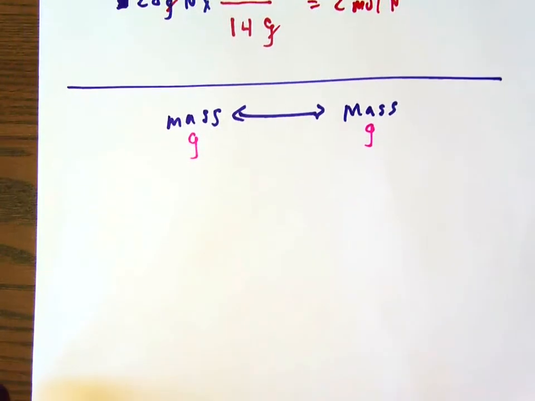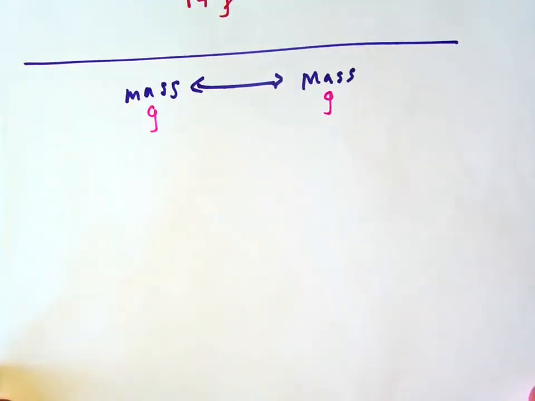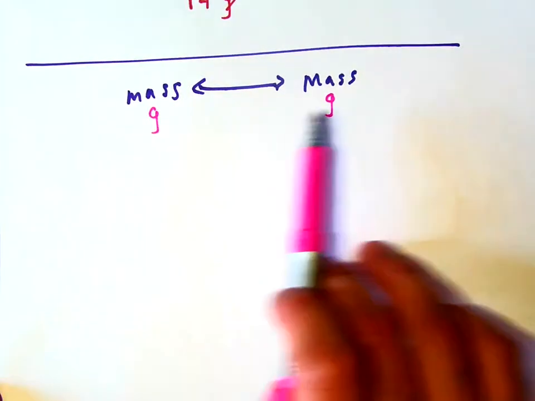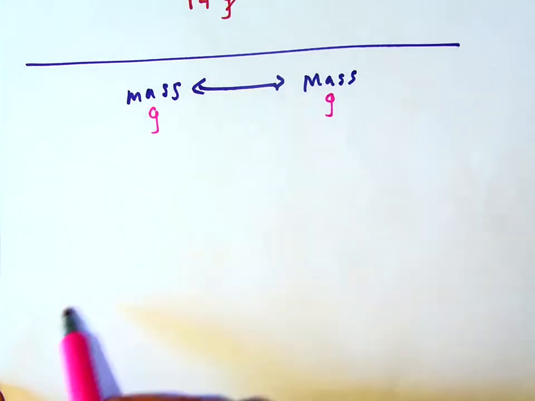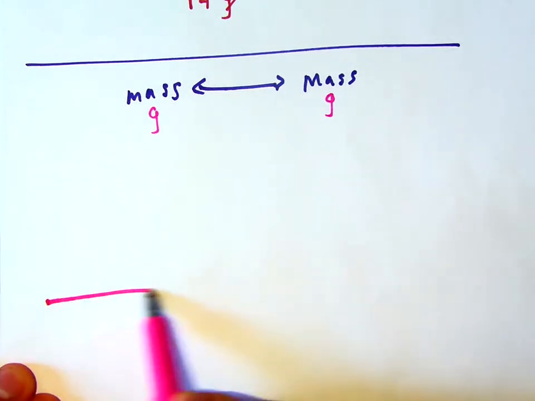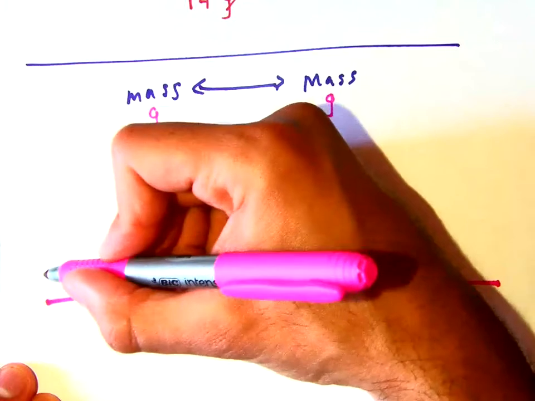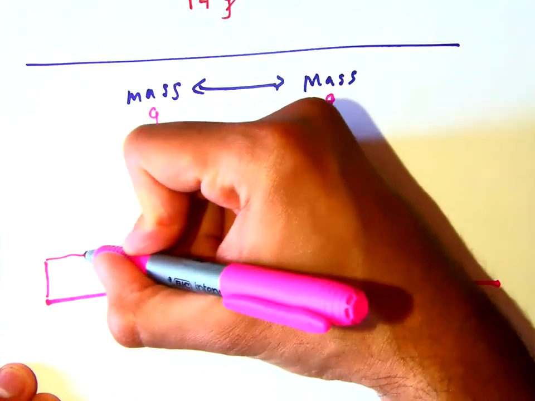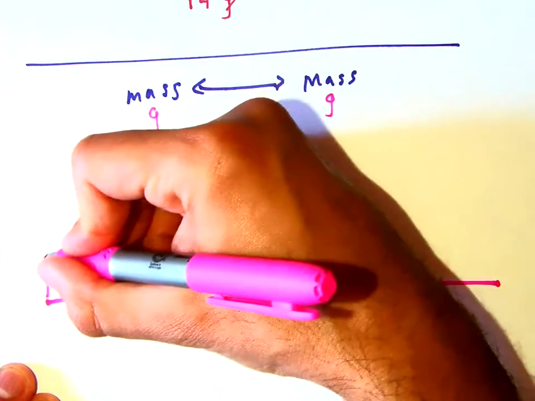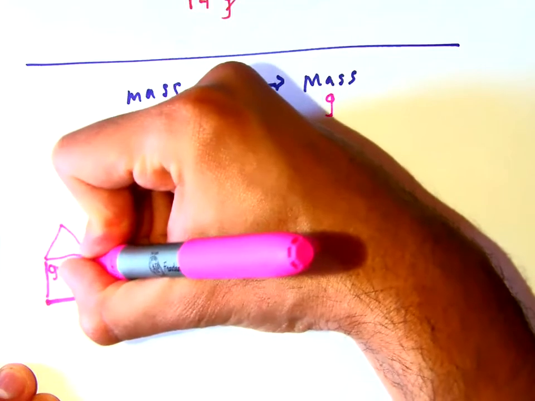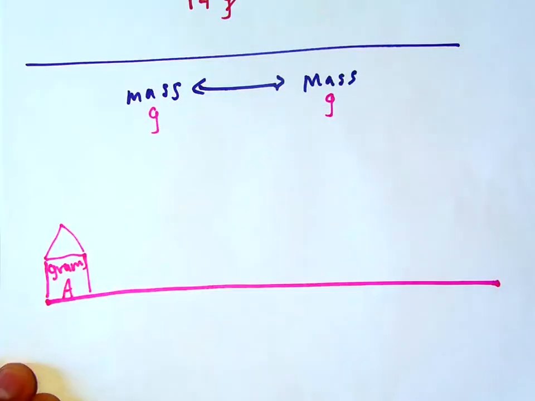If we think about this like traveling from one individual's house to another individual's house, you have to take a certain path. Let's say we have this street here. You're at this house, starting off with grams of product A, whatever that is.